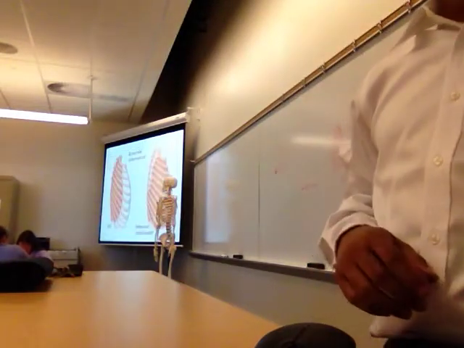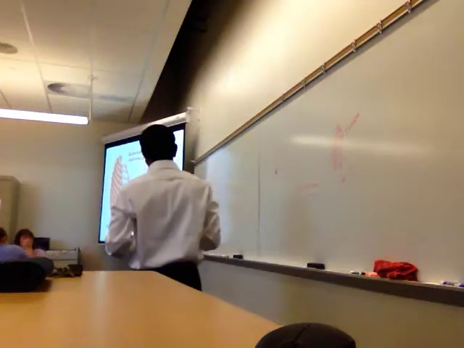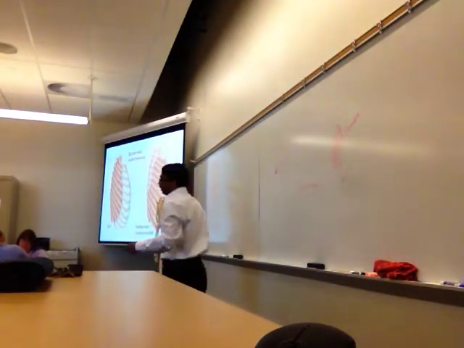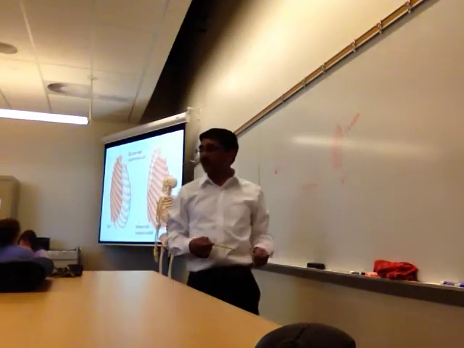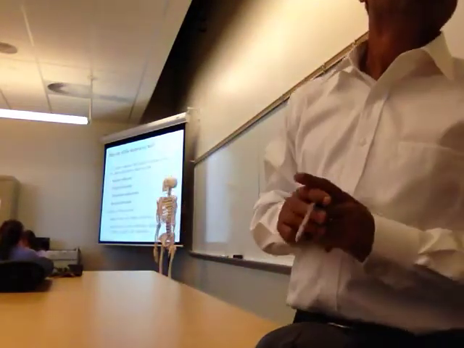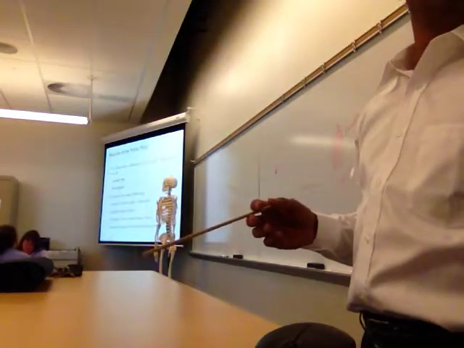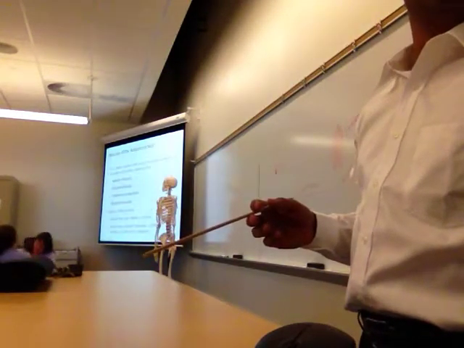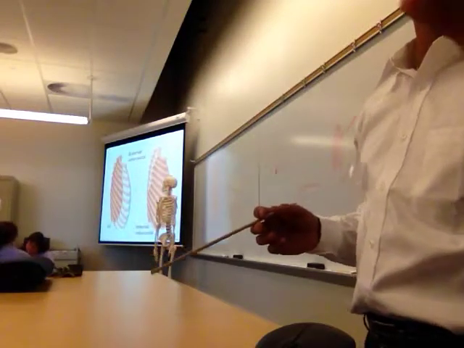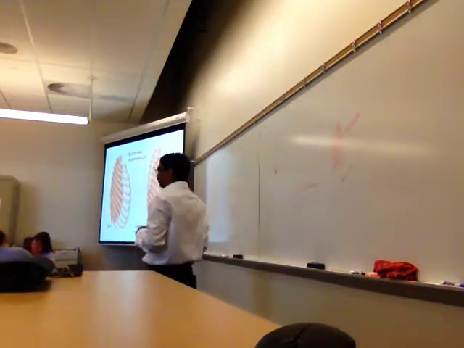Okay. So here you see the intercostal muscles, both external and internal. They are attached to the ribs. Okay, so those are the respiratory muscles of the thorax.